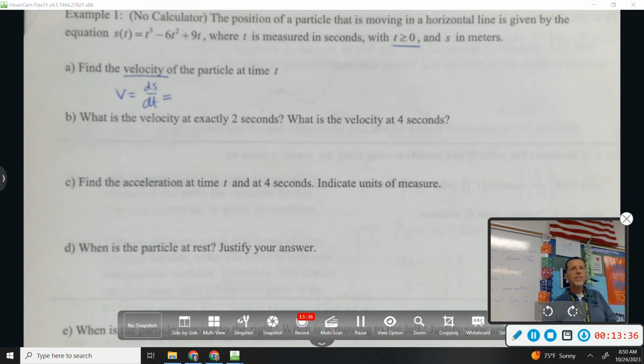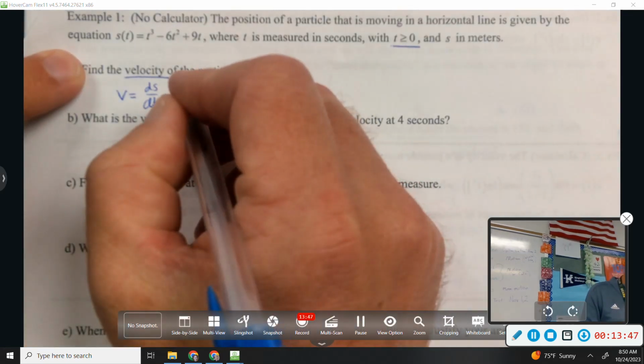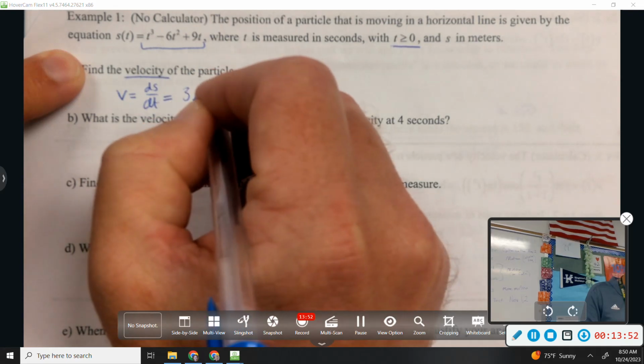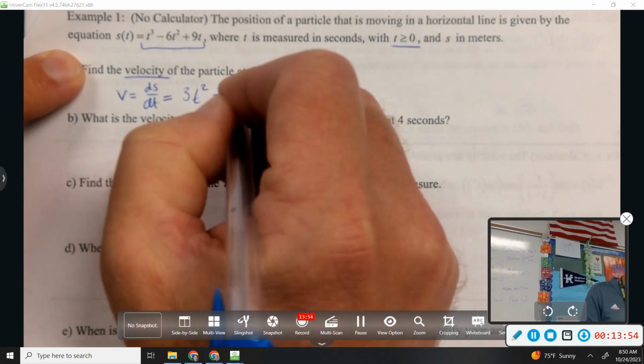So let's take the derivative of position. No popsicle sticks, so I just have to call on people. Parker, what's the derivative of position? 3t squared minus 12t plus 9. Good.